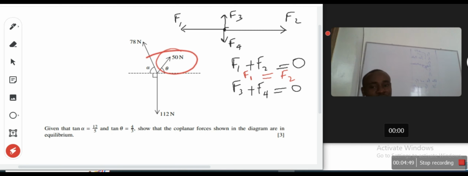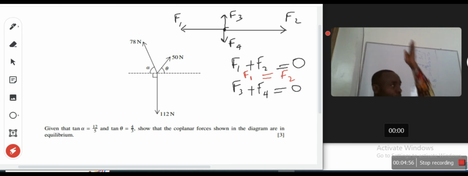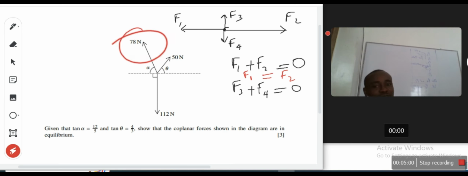First of all, there are forces that are not on the plane of reference, neither parallel to it nor perpendicular to it, so we need to resolve them. We need to resolve the 50 Newton force and also the 78 Newton force. Do we need to resolve 112 Newton? Why? It's already perpendicular to the plane of reference.